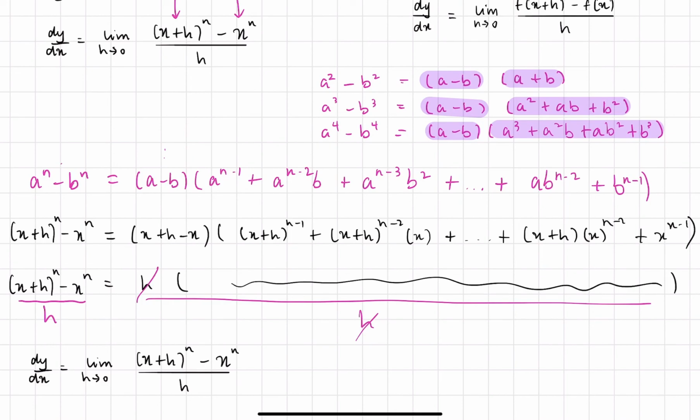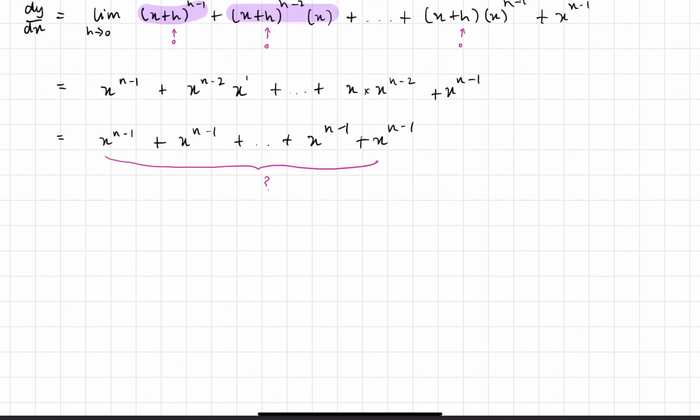So if we have squares, then we have 2 terms in the second bracket. If you have cubes, we have 3 terms. Power of 4, we have 4 terms. So it remains consistent that if we have power of n, inside here, we should have n terms. We have n lots of them.